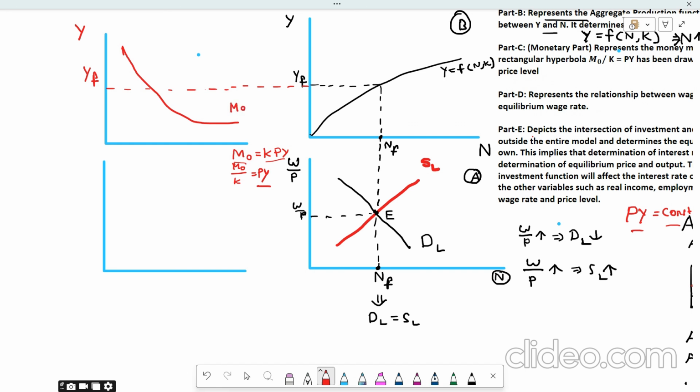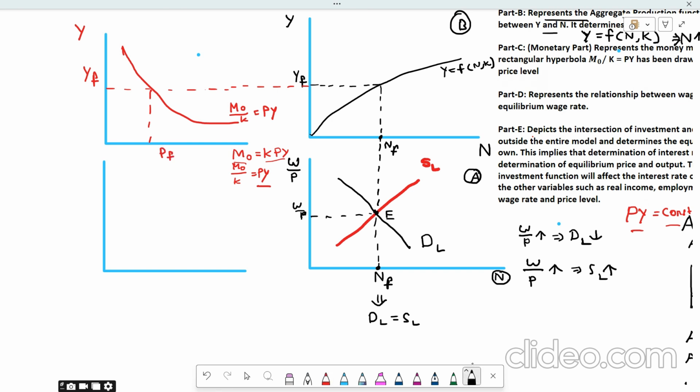And this graph is named M0 by K equals PY. From this graph we are getting this point, which is the price level at full employment.